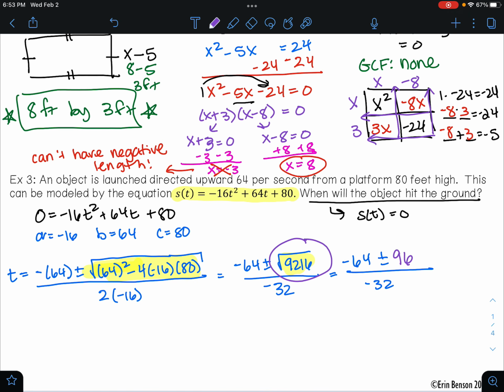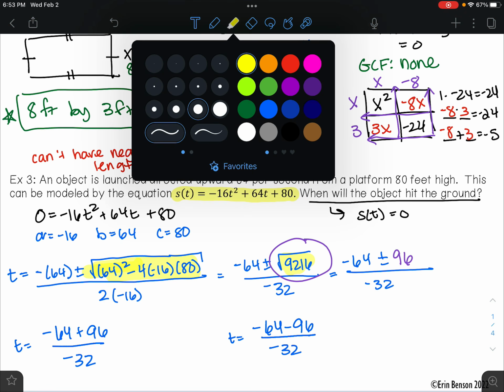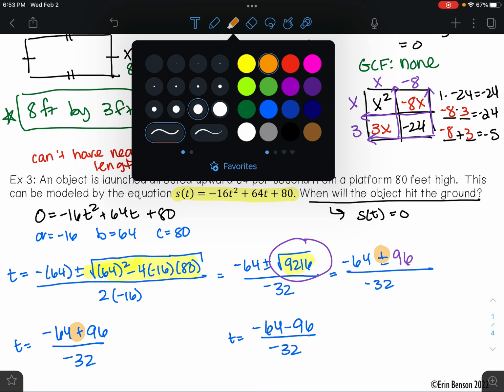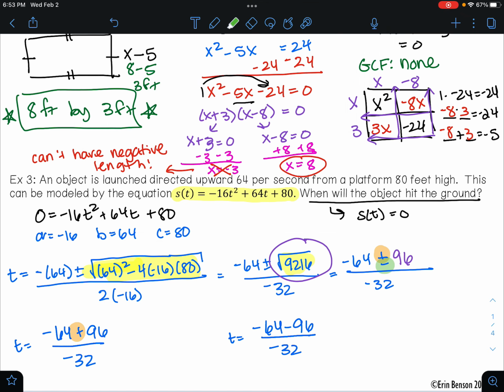All right, so from here I have two problems. I have negative 64 plus 96 over negative 32. And I have negative 64 minus 96 over negative 32. Again, I have one problem for my plus sign, and I have the other problem for the minus sign.